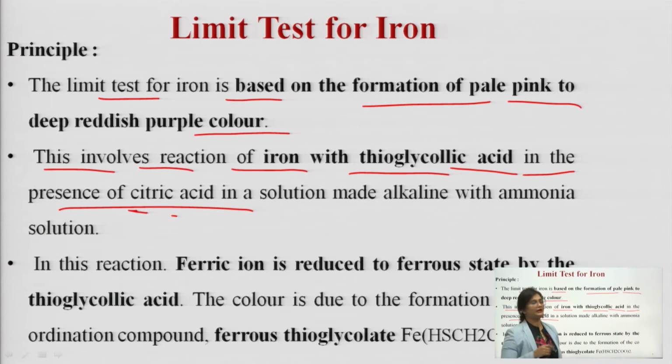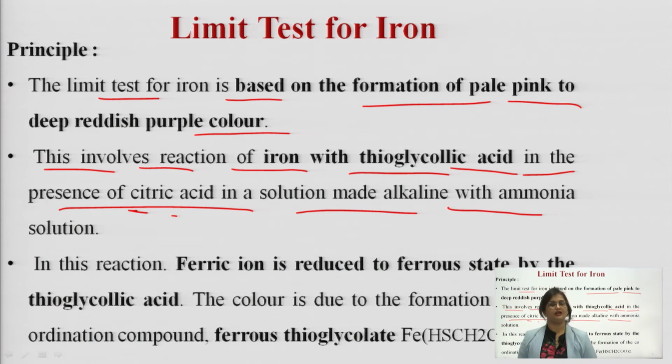Iron is made to react with thioglycolic acid in the presence of citric acid, and the solution is made alkaline with ammonia solution. So, how do we perform it? It involves the reaction between iron and thioglycolic acid, which is our reagent. The iron reacts with thioglycolic acid in the presence of citric acid and in alkaline medium, for which we add ammonia solution.